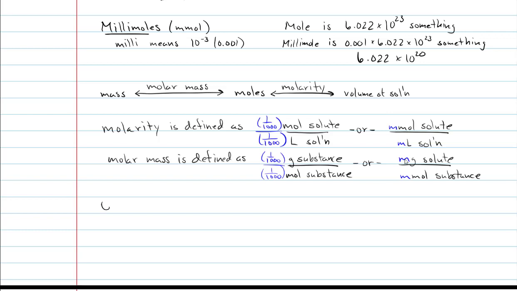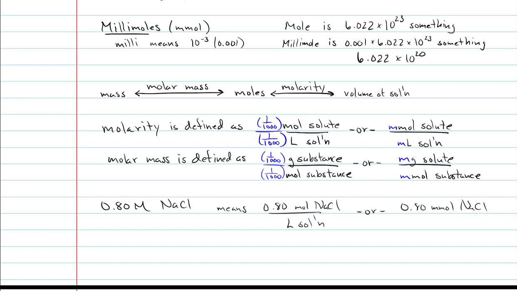So in other words, if I see 0.80 molar sodium chloride, then that means either 0.80 moles of sodium chloride for every liter of the solution, and it also means 0.80 millimoles of sodium chloride for every milliliter of the solution.